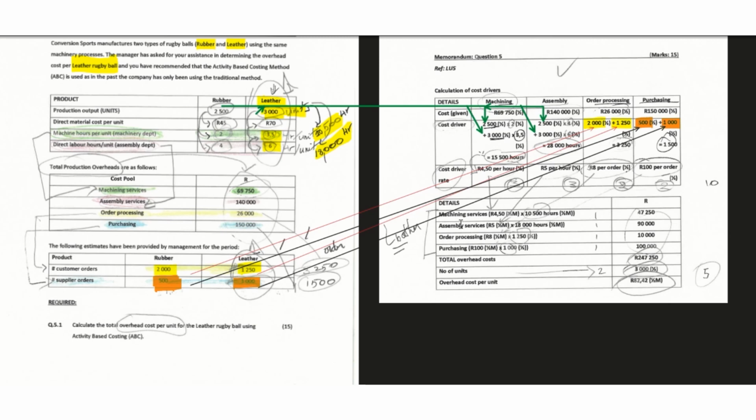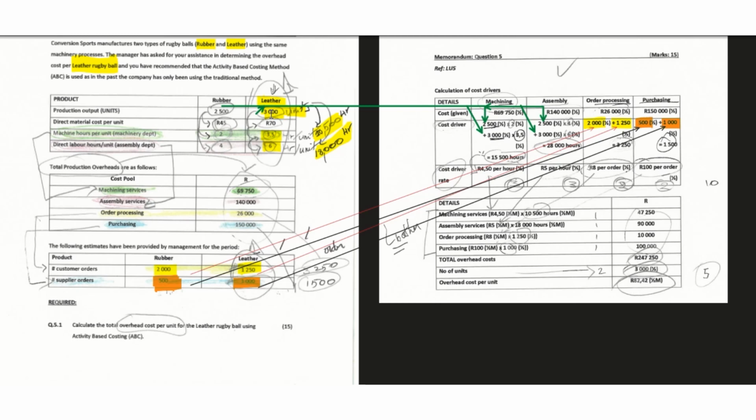So we will look at, for example, the machining services, right? We know that we have 4 rand and 50 cents for the cost driver rate for the machining. We're going to multiply it by how many hours when it comes to the leather only. How do we find that? We take the total production when it comes to the leather rugby balls. The total production is 3,000 units.